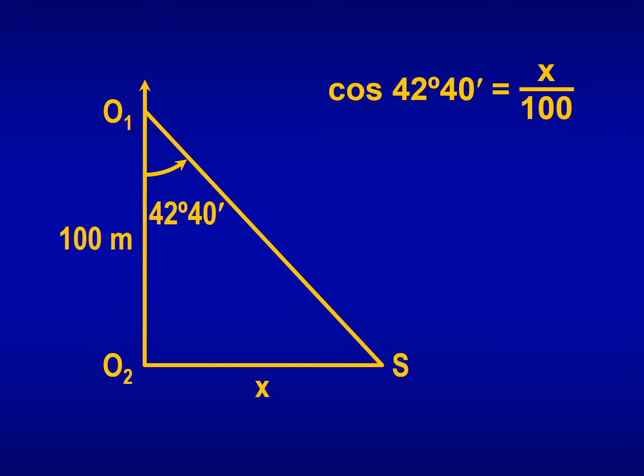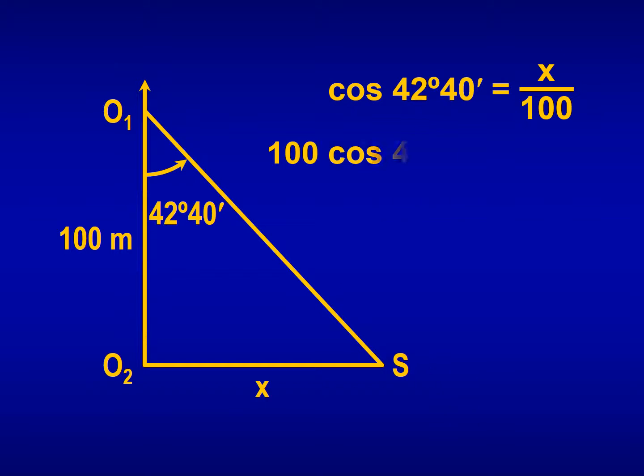So using our right triangle trigonometry, if this is our angle that's given to us, and we need an unknown that's opposite, and we're given a side that's an adjacent, well, opposite over adjacent is the cosine ratio. So cosine of this angle, 42 degrees, 40 minutes, equals opposite, which is x, over adjacent, 100. So here's our problem set up.